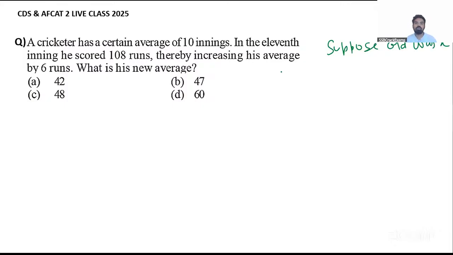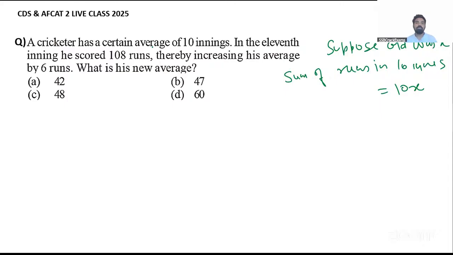Then the sum of runs in 10 innings is 10x, using the same formula: average equals sum of observations upon number of innings.